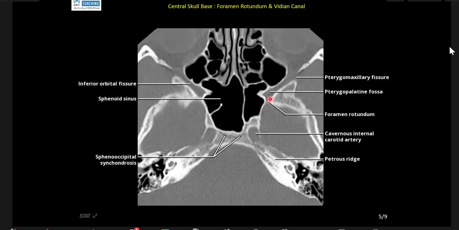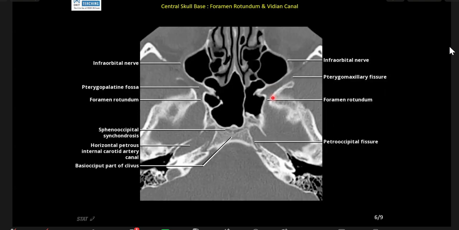Then comes foramen rotundum, and this portion is the intracranial. This is the middle cranial fossa, and this is the pterygopalatine fossa. Now we go more inferiorly, so this is still the foramen rotundum, and this is lateral to the sphenoid sinus.